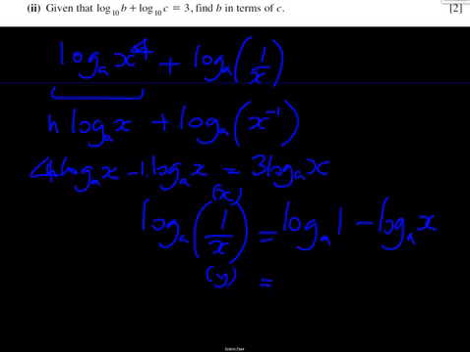Okay, and the log to the base A of 1 is 0. So that's just going to be minus log A of x. So we could have got to that point, couldn't we? And that brought us to the same place.